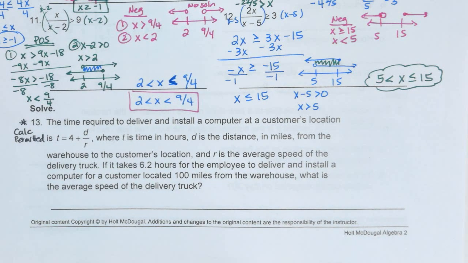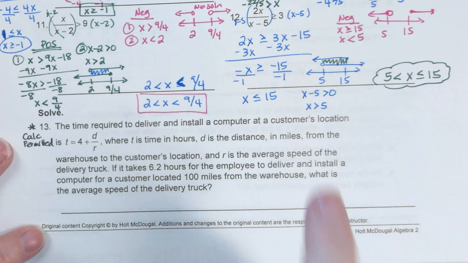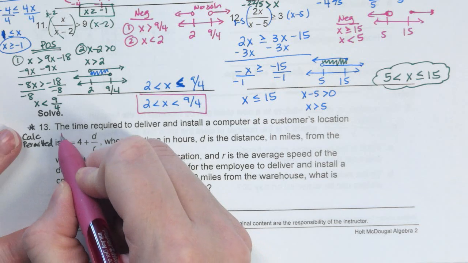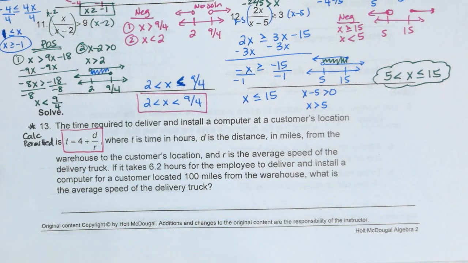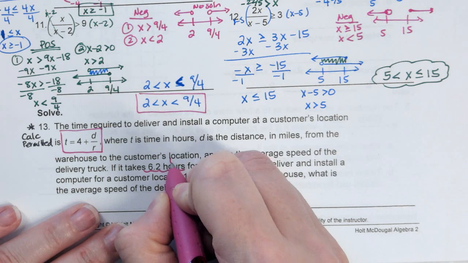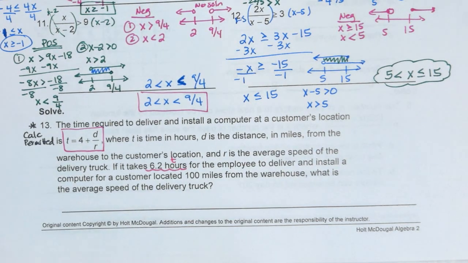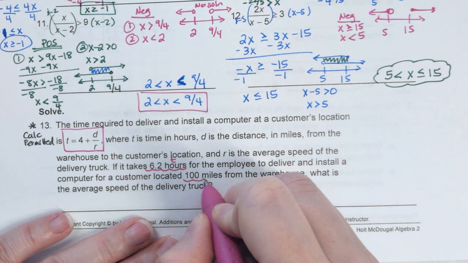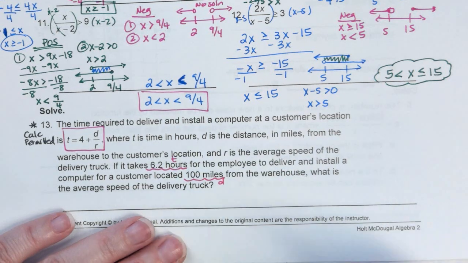Alright. This last one you could use your calculator, and they tell you that the time required is given by this equation, where t is the time, d is the distance in miles, and r is the average speed. And then they give you the time, the 6.2 hours. Okay, it's located 100 miles, so that's your distance.